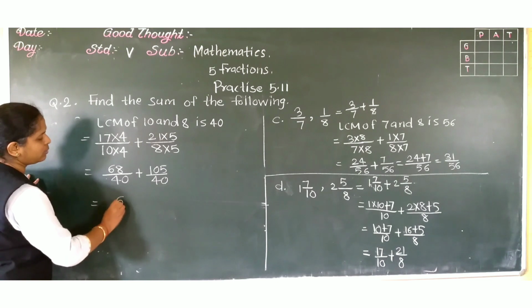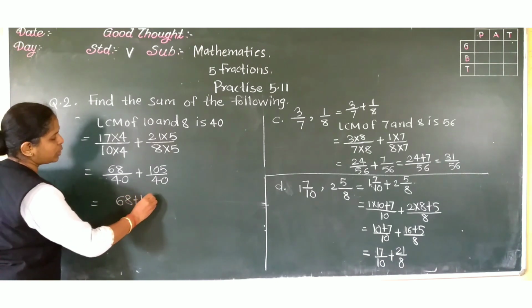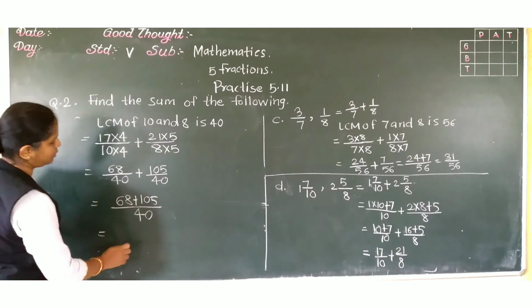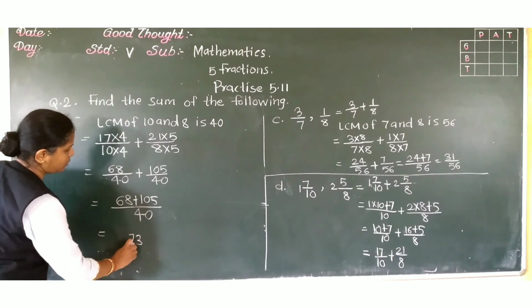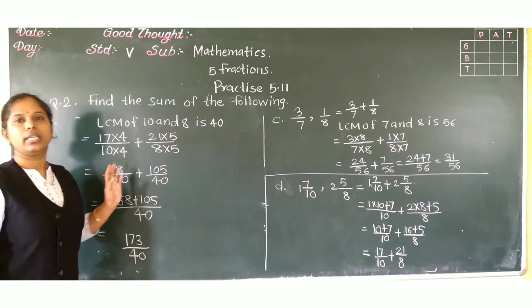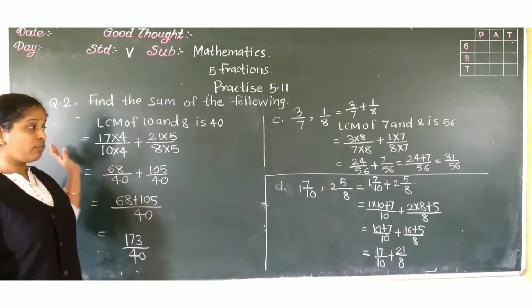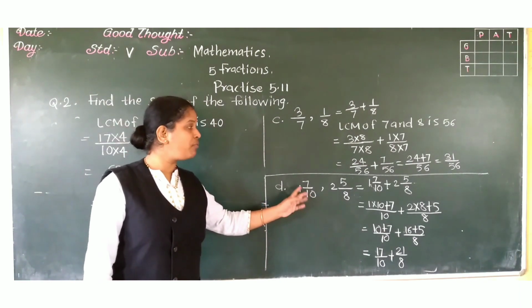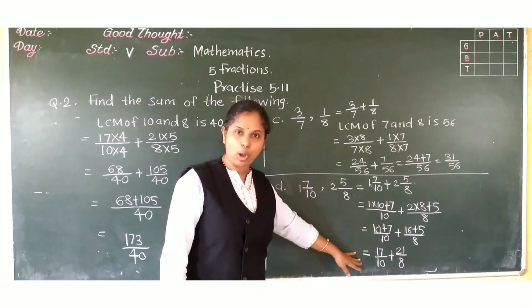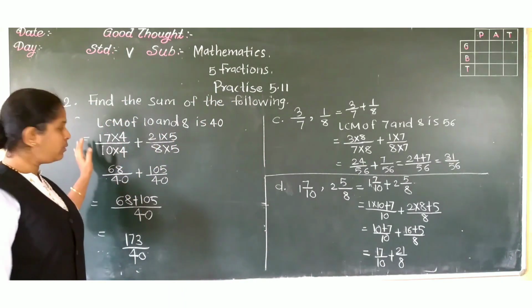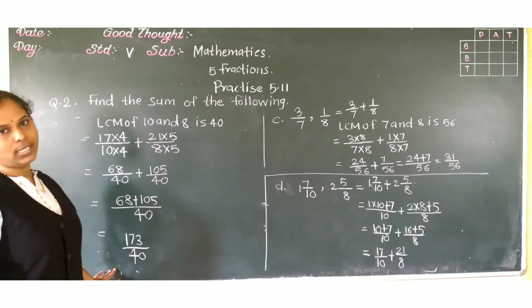Now add only numerators because denominators are equal. So what is the answer? 173 upon 40, in this way. See, as mixed fractions were there, we first converted into improper fractions and then found the LCM. Then the next process is the same.